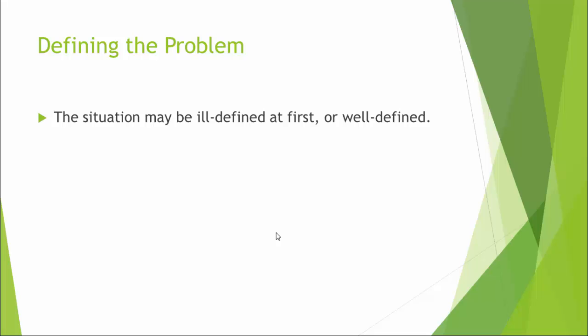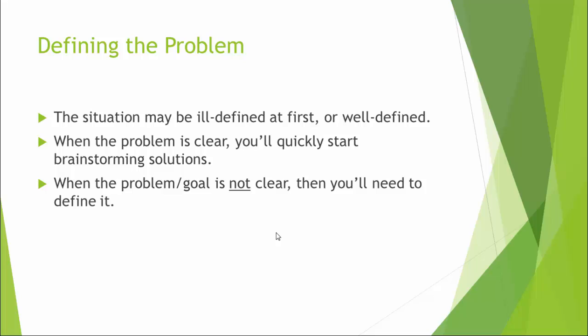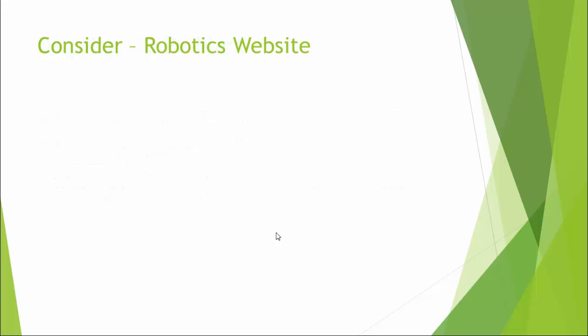And that's okay. The design process allows for this. But we will need to spend that time and make sure that the goal of our website is clear before we start brainstorming any solutions for it. Now, when that goal isn't clear, we have to make sure that it's defined before we move forward.